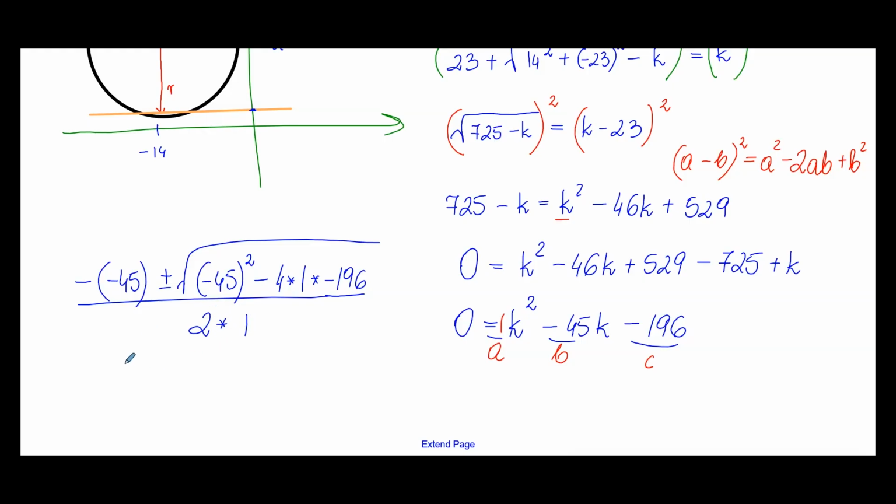We put that in the calculator, and one value of k we're going to get is 49, and the second value of k we're going to get is minus 4. So there it is, the two values of k that we were looking for.